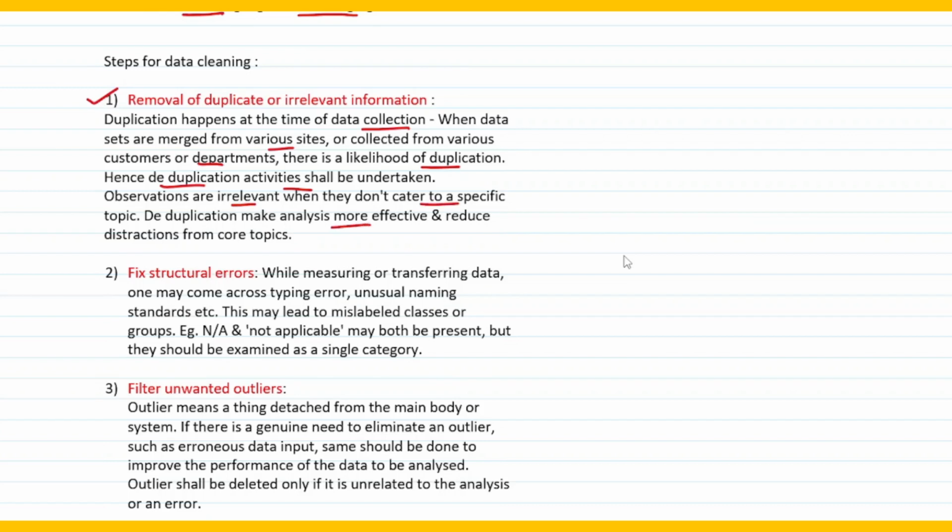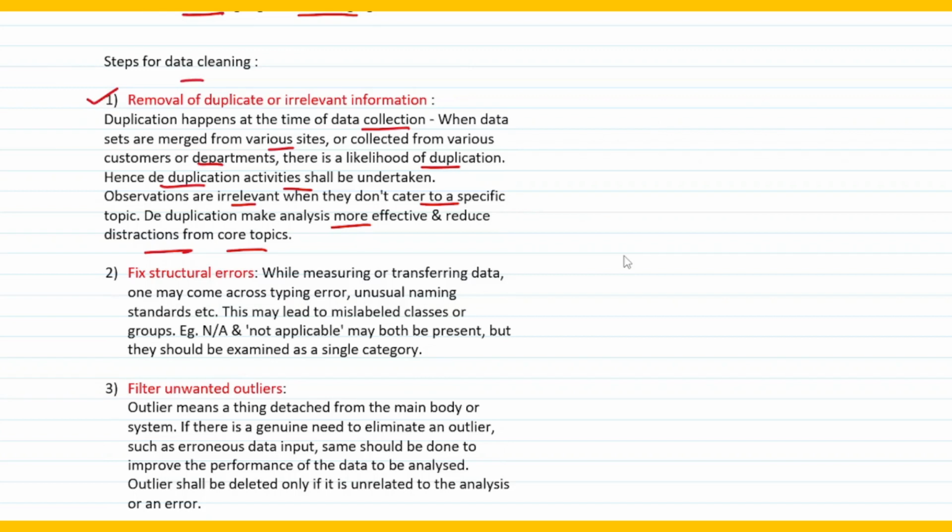Yes, because we have more condensed data. So whatever analysis we are making becomes easier for you to decode, and it reduces distractions from the core topics, right? So whatever is required, your focus is always there. So unwanted or unnecessary information is eliminated completely. So the first step of data cleaning is removal of duplicate or irrelevant information, right?